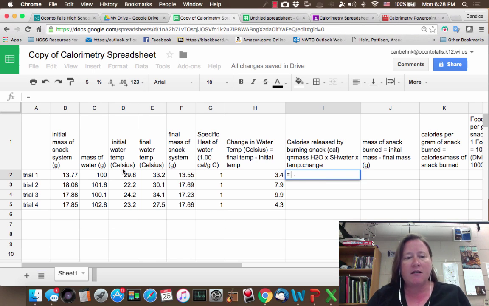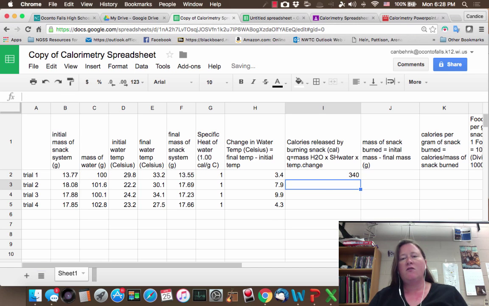In this case, the mass of the water is in cell C2, and I'm going to multiply this times the specific heat of water, which is in cell G2, times the change in water temperature, which is a calculation that had been done for us before, which is in cell H2.